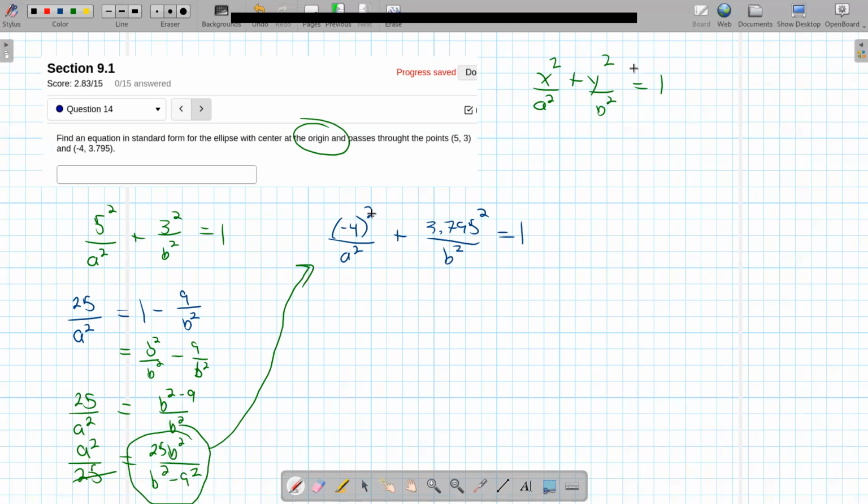So -4 squared is 16 divided by, and that's the main fraction bar there, make that bold, then we have 25 b squared over b squared minus 9, that's not a 9 squared, it is just a 9, excuse that. Then 3.795, I might as well square that since I squared the other numbers.